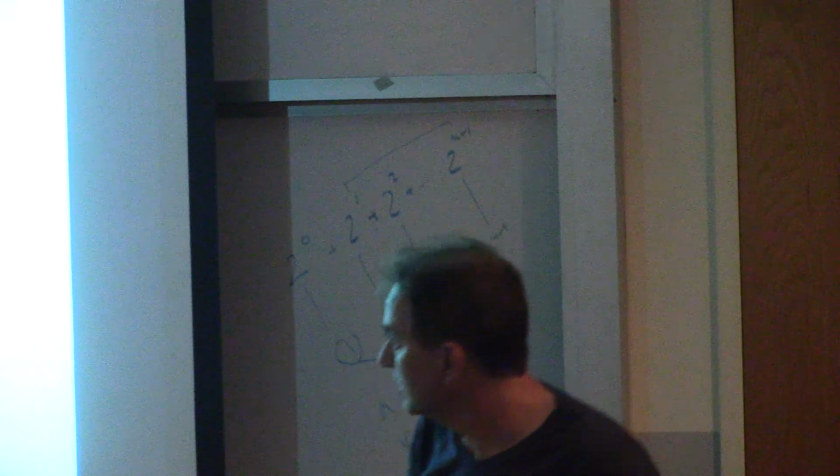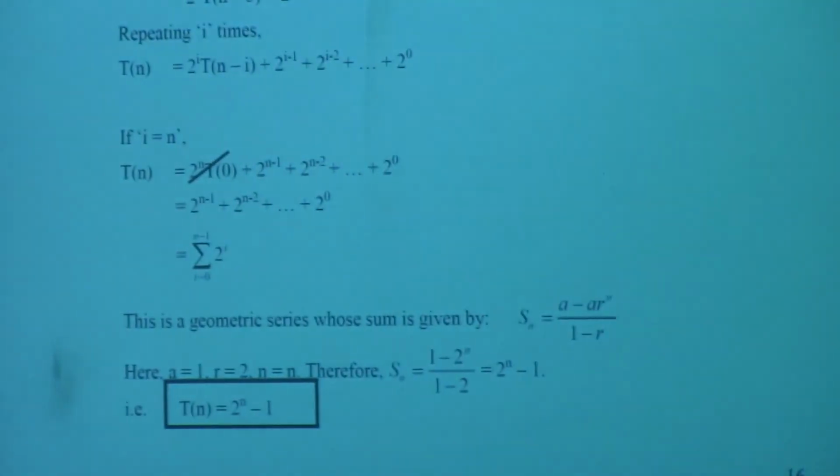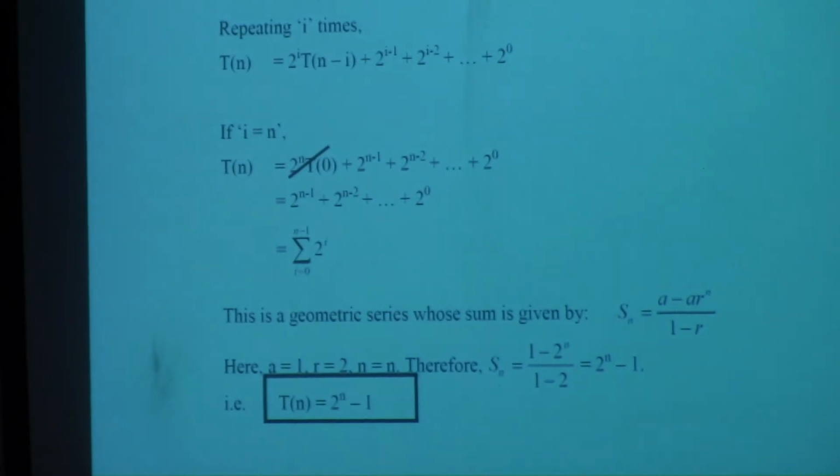So we are going to use this formula for the geometric series, which is going to be 1 minus 1 times 2 to the n over 1 minus the ratio 2. So what we have is 1 minus 2 to the n over negative 1. And when I multiply top and bottom by negative 1, I get 2 to the n minus 1.